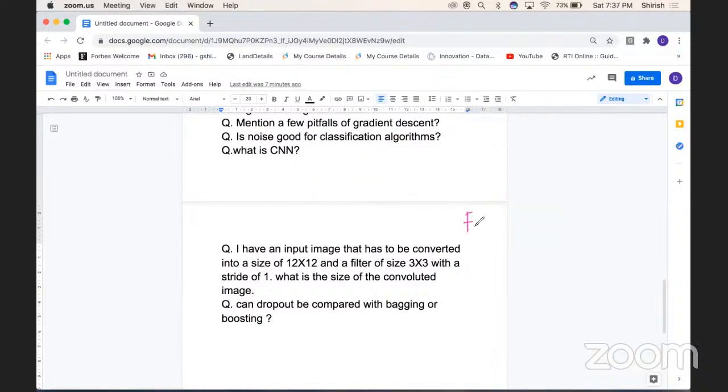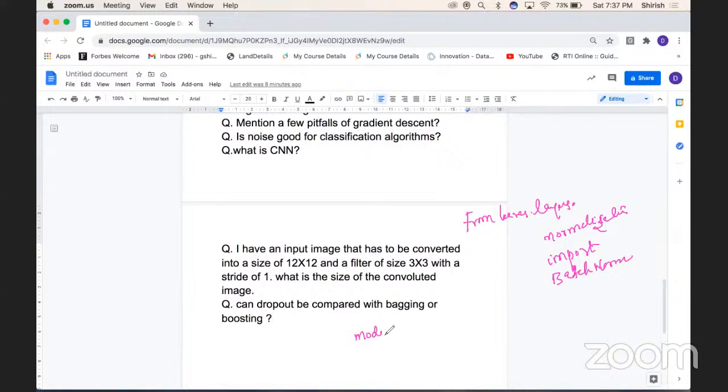You have to pull from keras dot layers. From layers you have normalization. You would import batch normalization. So you just write like this.